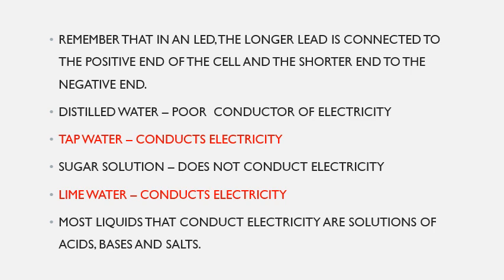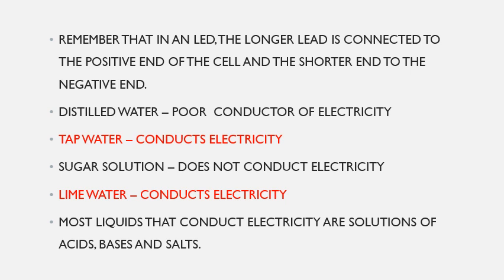Note that the water that we get from sources such as taps, hand pumps, wells and ponds is not pure but a solution. A small amount of mineral salts is naturally present in it. This water is thus a conductor of electricity. On the other hand, distilled water is free of salts and is thus an insulator.